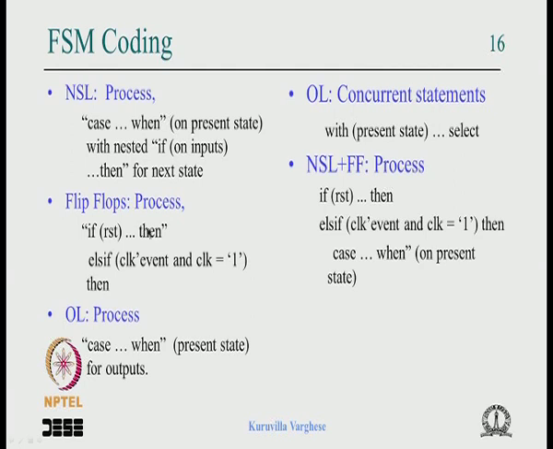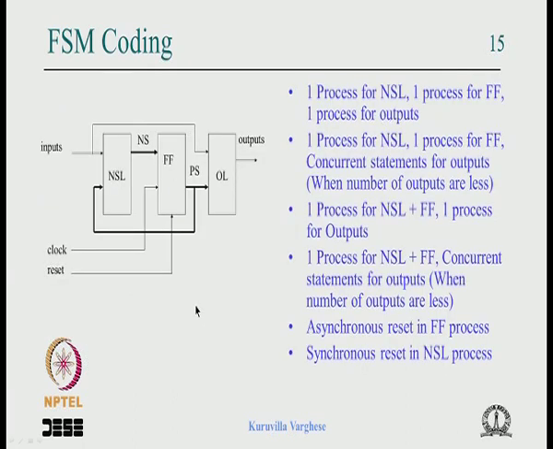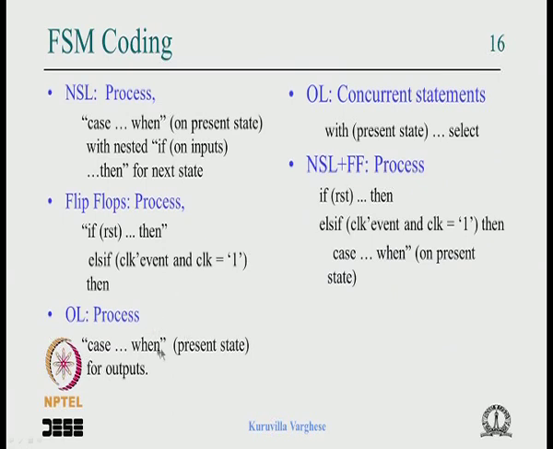And for the output logic, if you are using only the Moore kind of output, then we can say case present state is when S0, suppose there are 3 outputs, you say what the output values are, when S1 what the output values are, and so on. That is what is shown here.